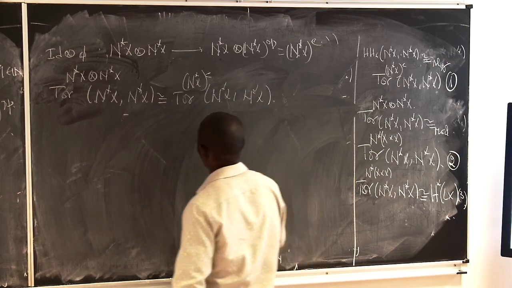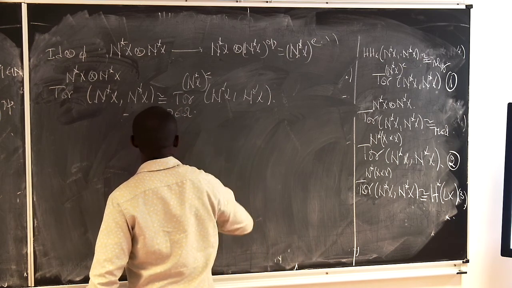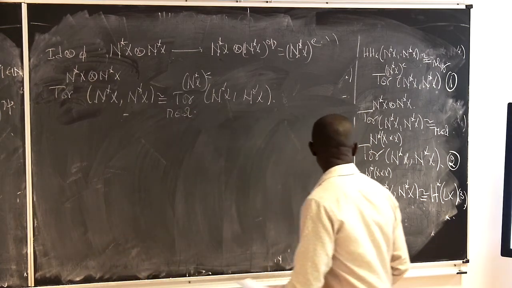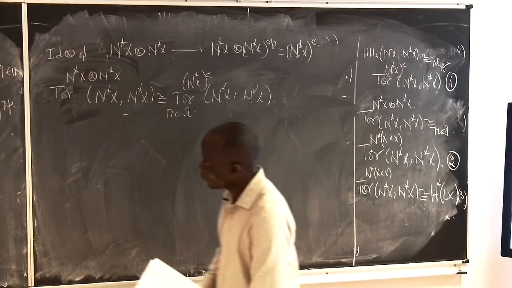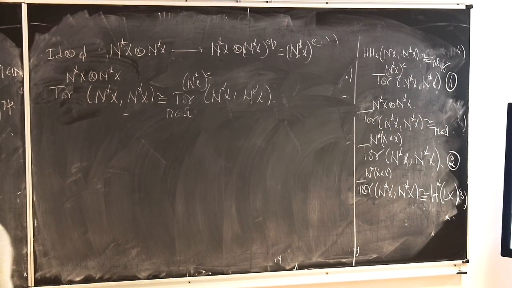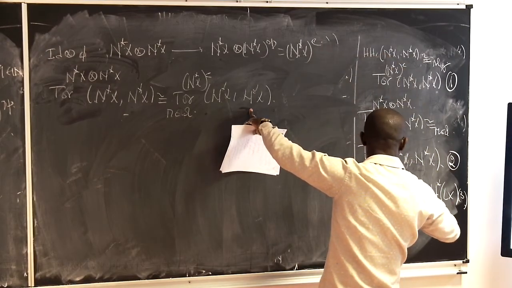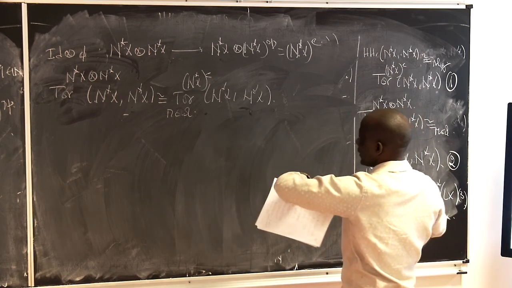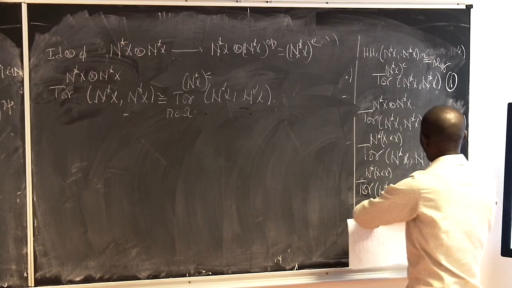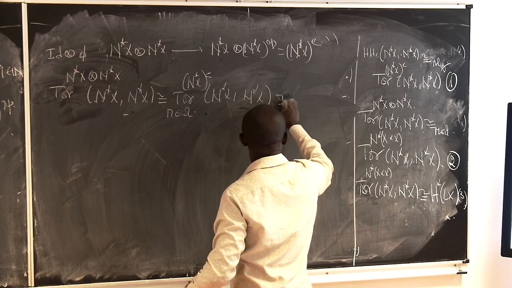As module here. So we have proved here that this is the Hochschild homology. The left side is just, this is the Hochschild homology.